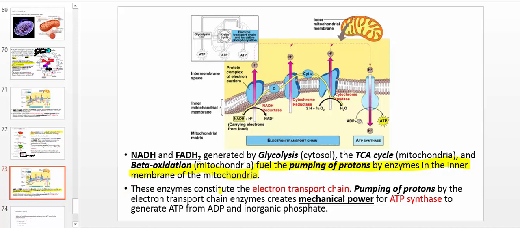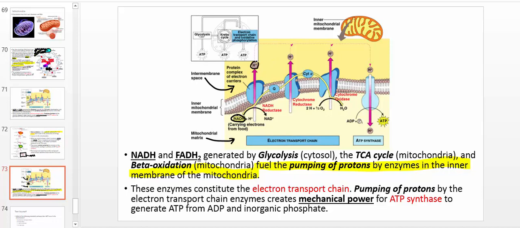Okay, so here's what you need to kind of be aware of. Okay, in here, notice this is the mitochondrial matrix. Okay, this right here is the inner membrane space. Okay, what I want you to know is that what NADH and of course FADH2 do effectively is through a series of processes, okay, NADH does it directly, FADH2 does it indirectly, but essentially what they do is notice the direction of this arrow.